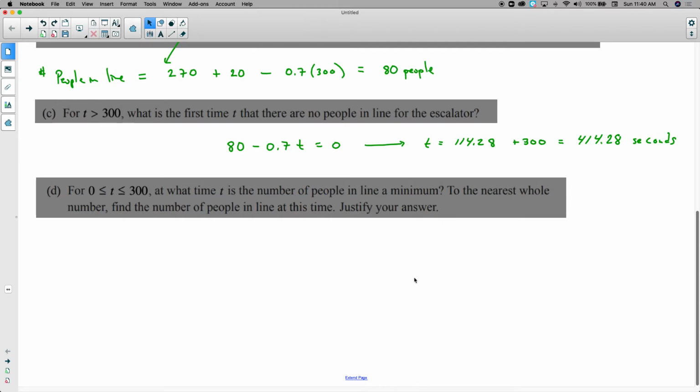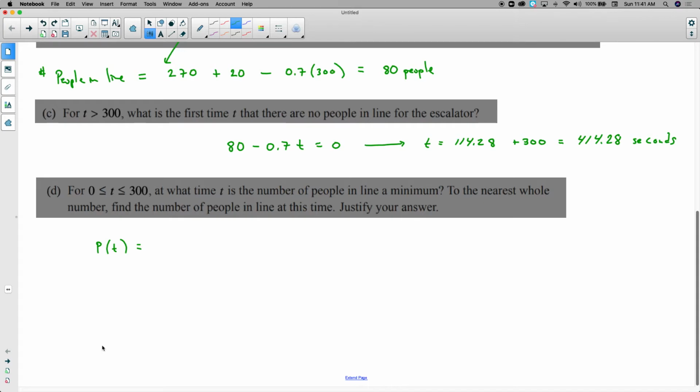Okay, so in order for me to minimize the number of people in line, I need a people in line function. So I'm going to call this P at t. So P at t represents the number of people in line at time t.